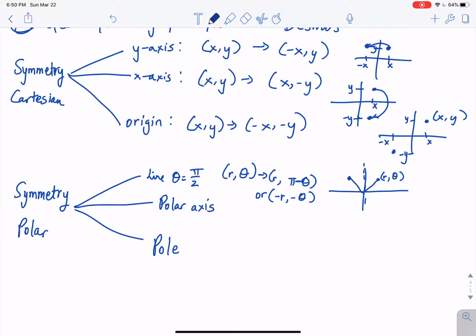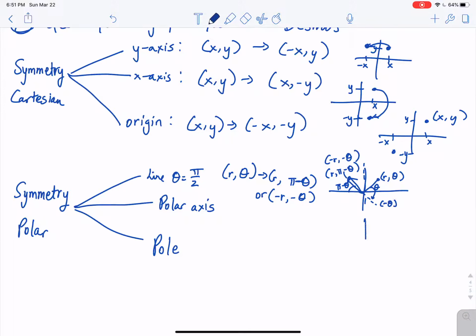I can think of it as the same distance r, but if this was theta, this is pi minus theta. That's one way to get it. Or if I go negative theta and then negative r to go in the opposite direction, I'll also get to that same point. So those are my 2 symmetries around this line.